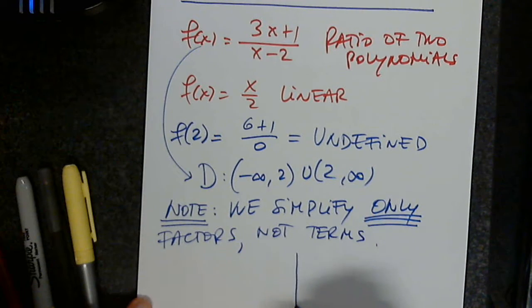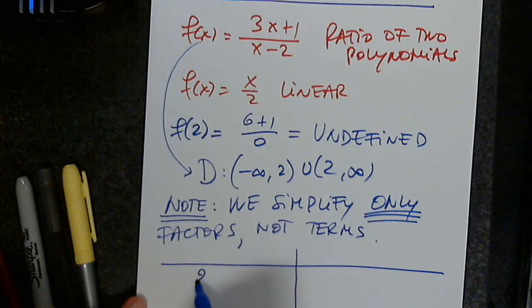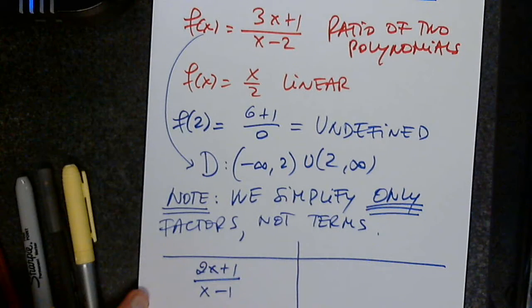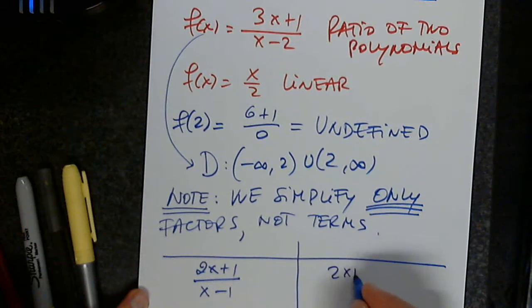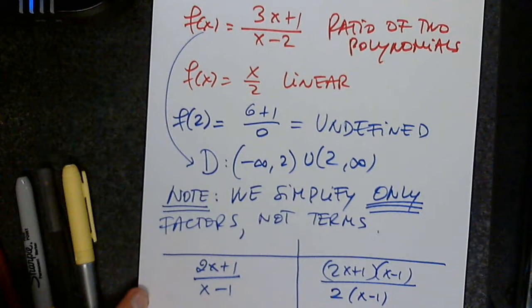Here's a scenario. If I have 2x plus 1 over x minus 1, I cannot simplify anything. But if I have 2x plus 1 times x minus 1, over, let's say, 2 times x minus 1, I can simplify. Which factor can I simplify by? Correct.